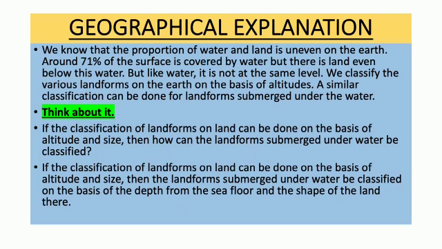But like water, it is not at the same level. We classify the various landforms on the earth on the basis of altitudes. A similar classification can be done for landforms submerged under the water.